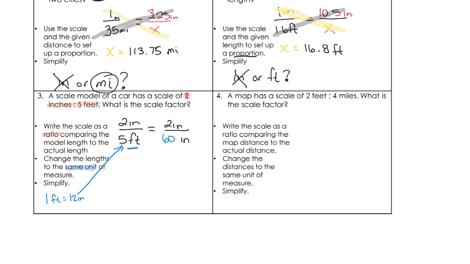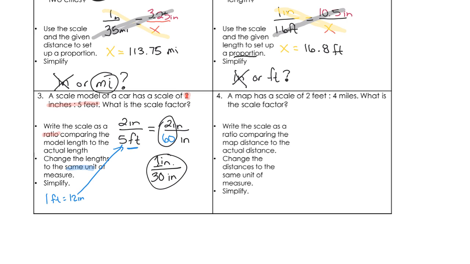But we want to write it like it's a unit rate. We don't want to write it as 2 and 60. We want it really as 1 inch over something. So I would divide both of these by 2. So it's 1 inch to 30 inches. Okay. Hopefully that kind of made sense.